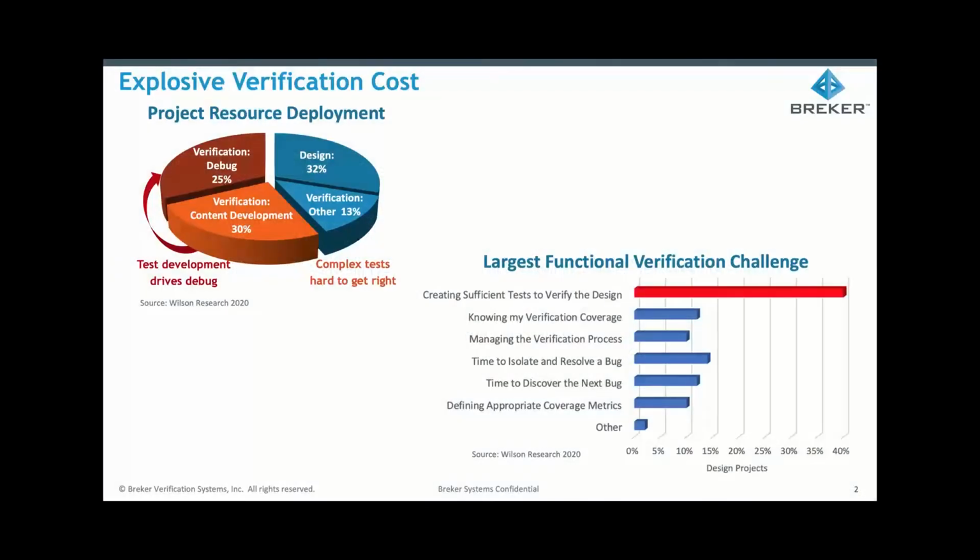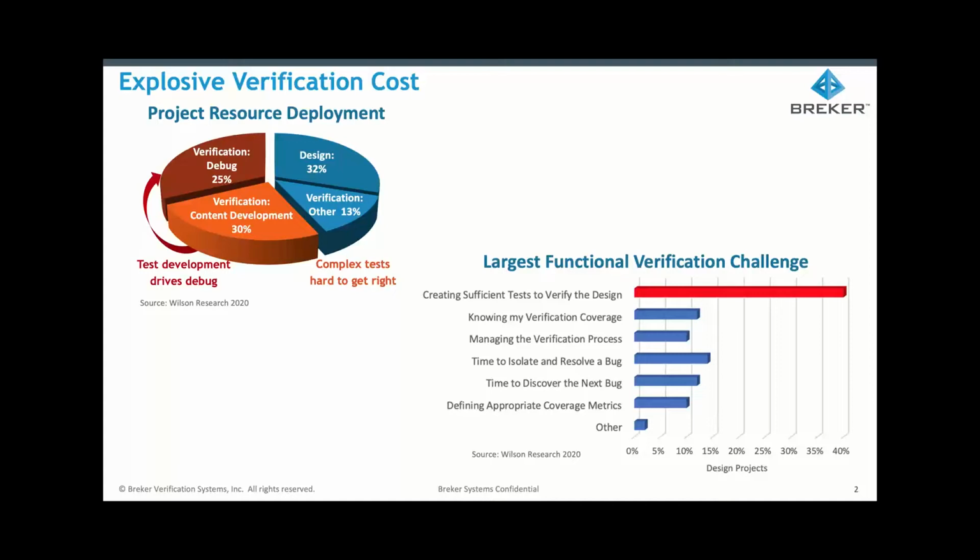So, we're all verification guys here, and we all know these charts, but the one in the bottom right I always find intriguing. This was a survey done by Siemens and Wilson Research, and one of the questions they asked is, what's the biggest verification challenge? And the big number that always comes up is just the ability to create sufficient tests to verify the design.